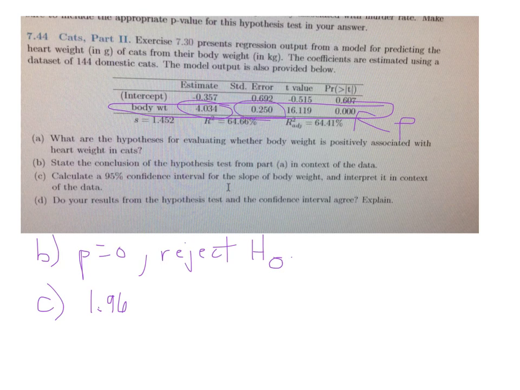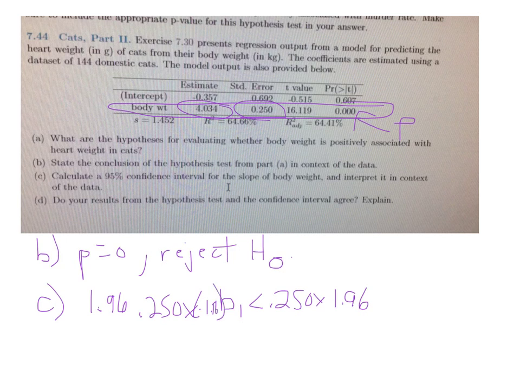So I think that how that looks is your slope, which is your B1, has to be less than your standard error, 0.250, times 1.96. And I think down here, 0.250 times negative 1.96.